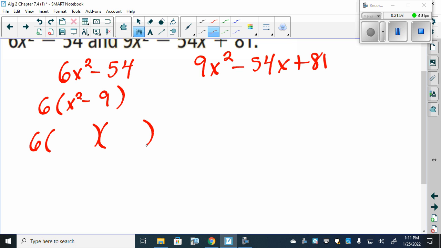Well, our x squared minus 9 is a difference of perfect squares, which would be our x, 3 and x, 3. And I could have written it as x minus 3 times x plus 3. The order of those two really doesn't matter.